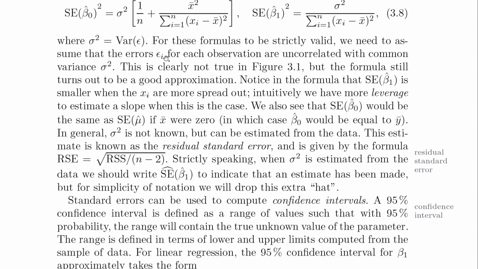EI was just when we're doing linear regression. E is the residual. E is your actual minus your predicted or your expected. These are the EIs. The epsilon, not E. The epsilon I.